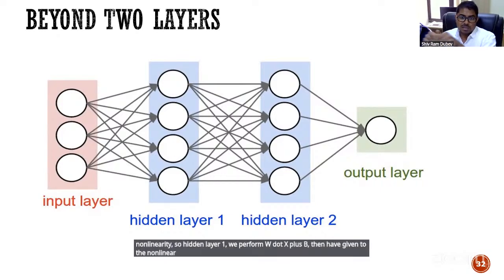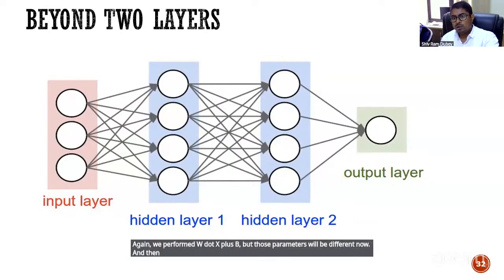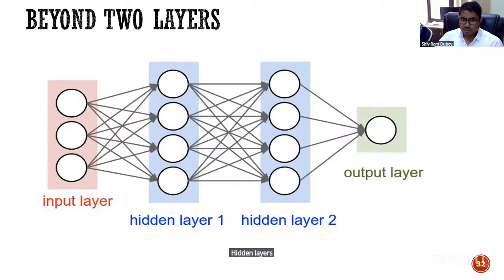Its output is given as the input to hidden layer 2. Again, we perform w dot x plus b, but those parameters will be different now. Then this output is again given to the non-linear function. That output is given as the input to the output layer. That's how we have this hierarchy of hidden layers in this case.